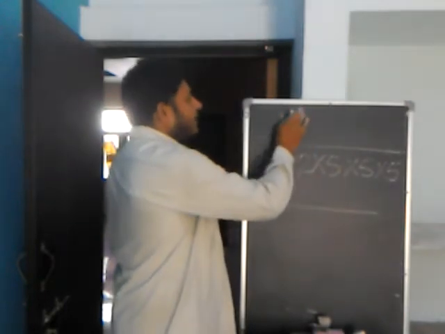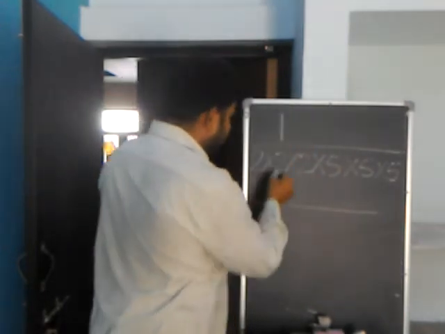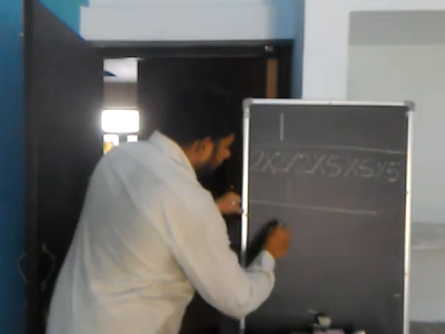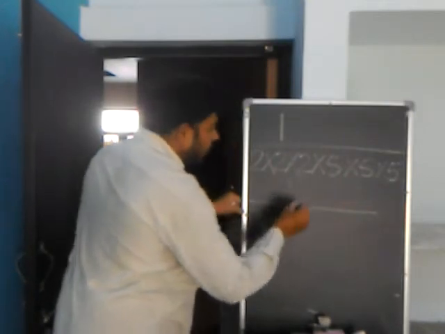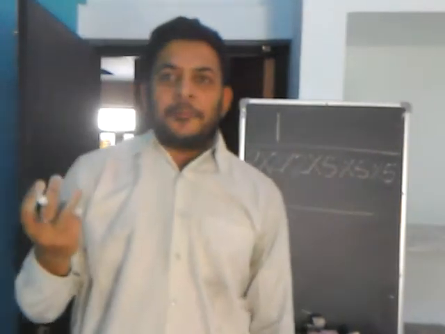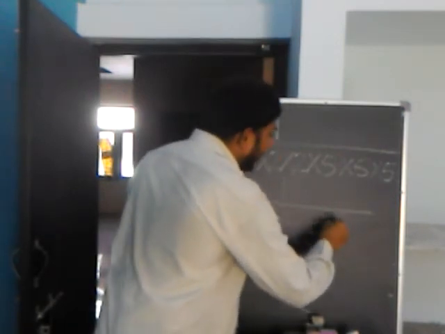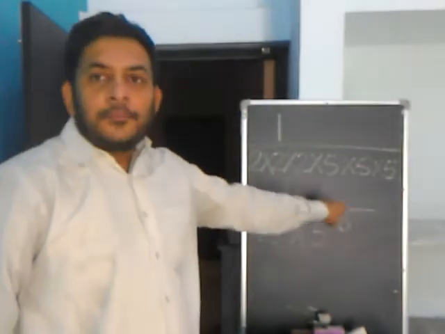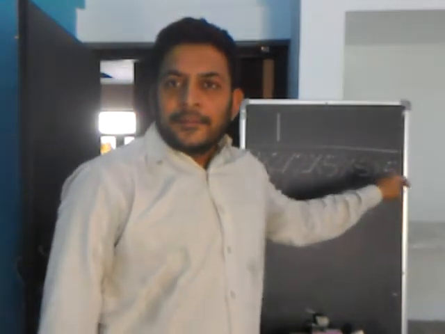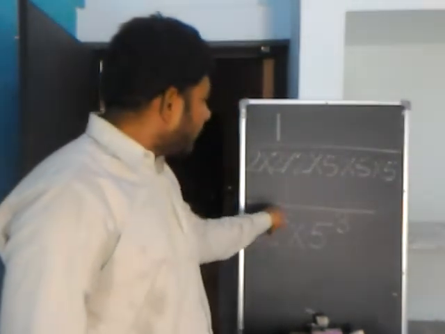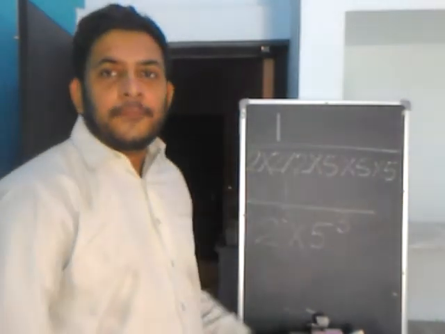Now 2 is repeated 3 times, so I can write the power of 2 as 3. Similarly, I can write the power of 5 as 3, because 5 is repeated 3 times. Now it is 2 raised to the power 3 into 5 raised to the power 3.